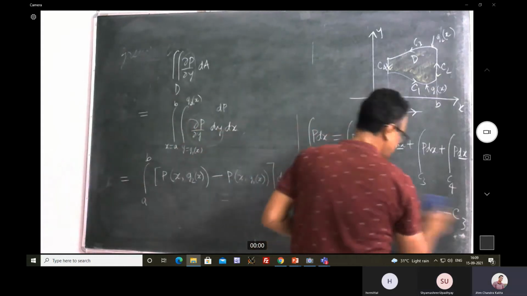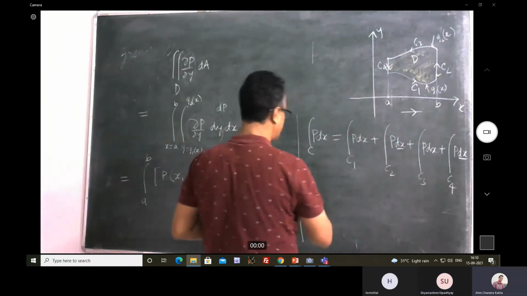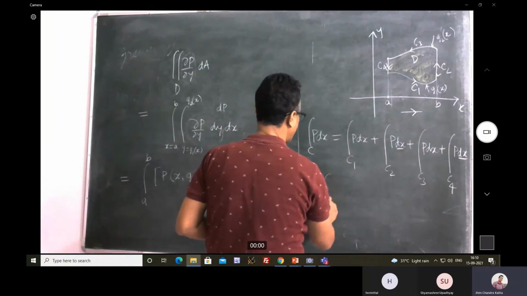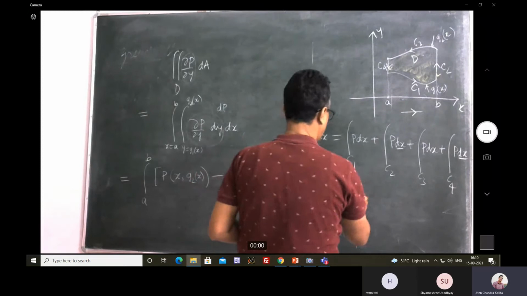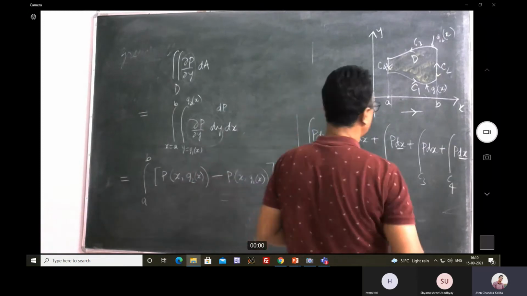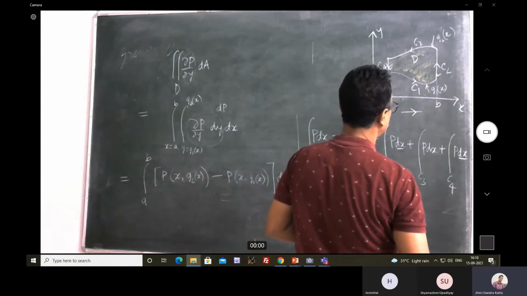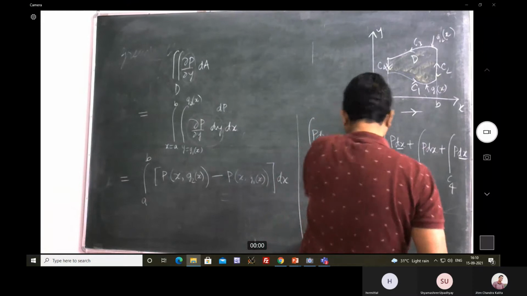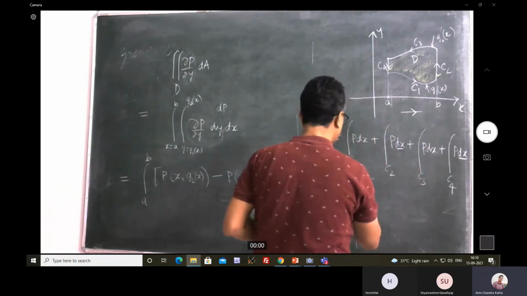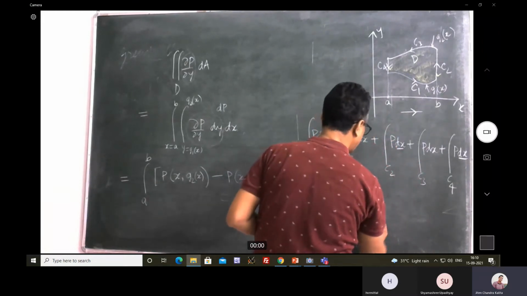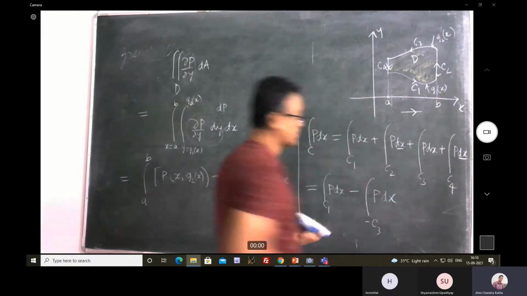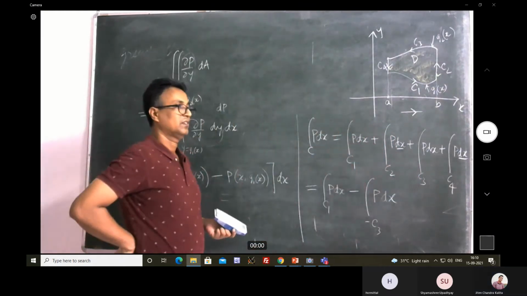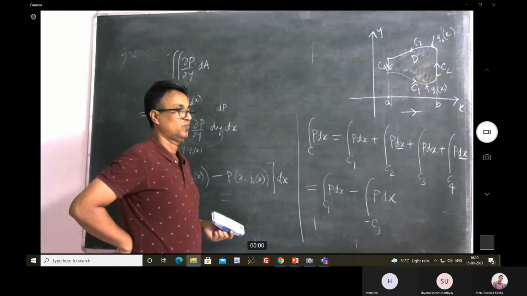So that means I can write this as the integral over C1 of P dx plus, if I adjust it, minus the integral over C3 of P dx, isn't it?